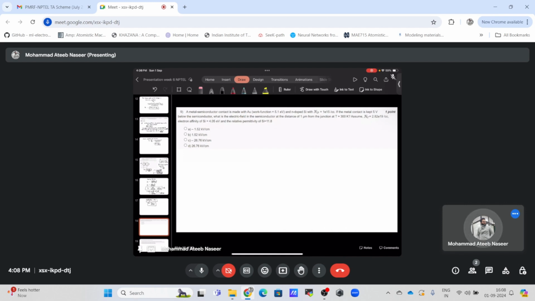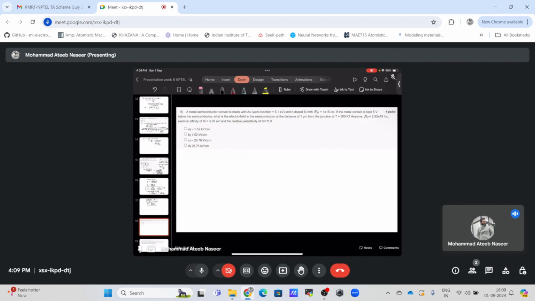It says that we have a metal semiconductor contact. Again, it is a metal semiconductor contact, and this time we do not have chromium, but we have gold.